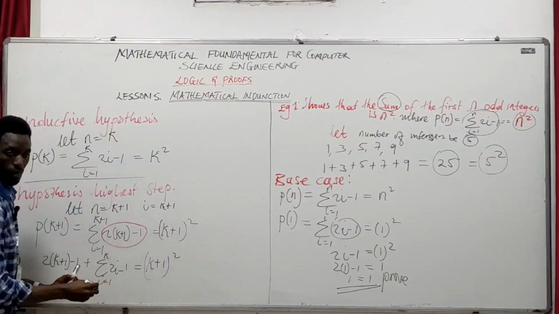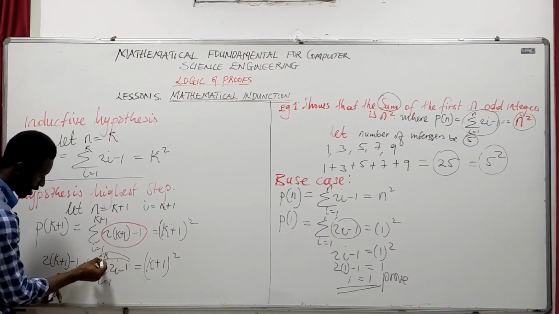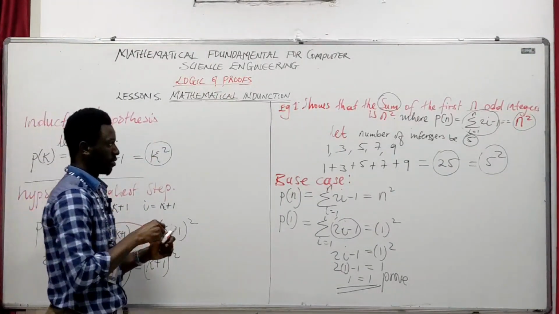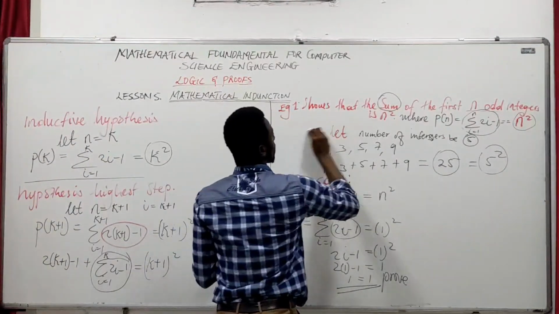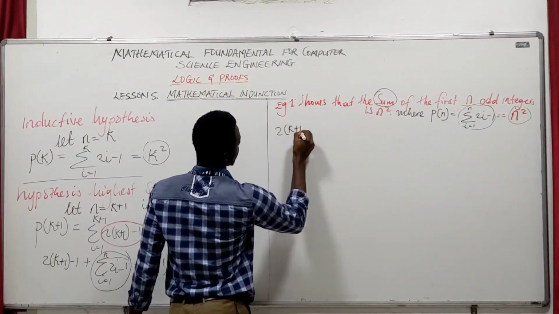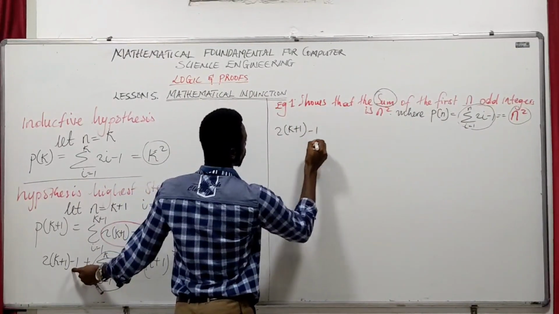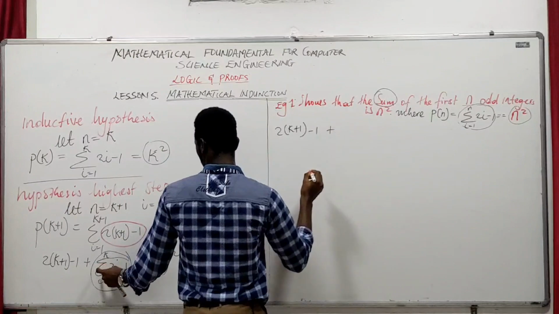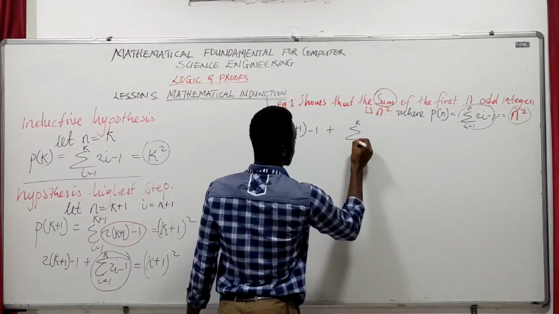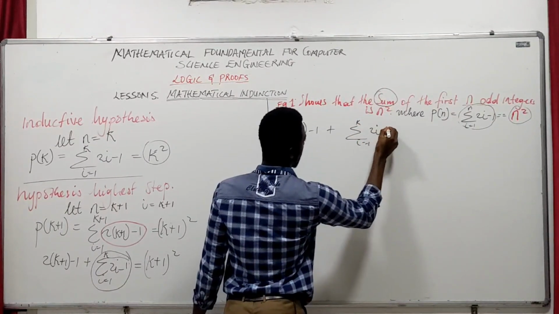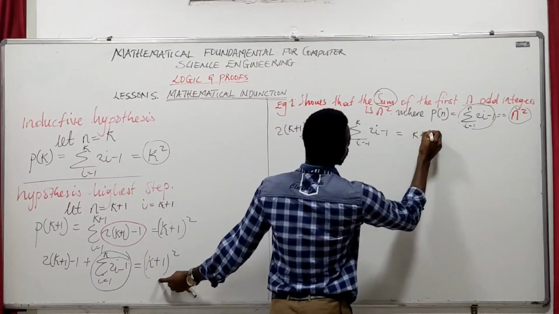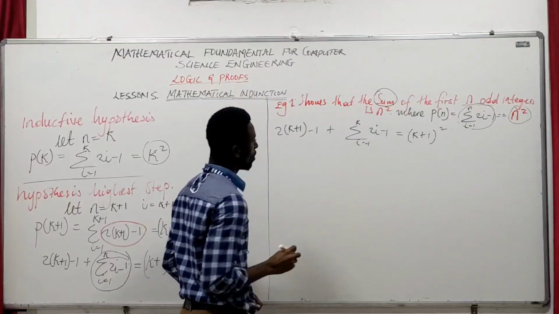But you know, this summation here is equal to k squared. So we have 2 into k plus 1 minus 1 plus this summation of 2i minus 1 equals k plus 1 all squared.